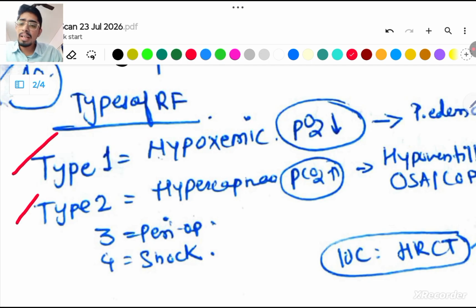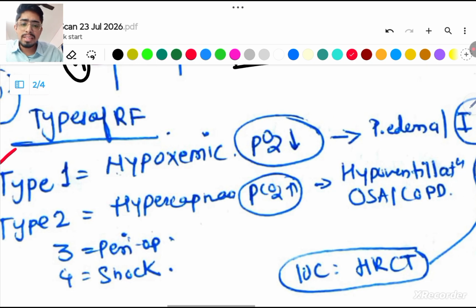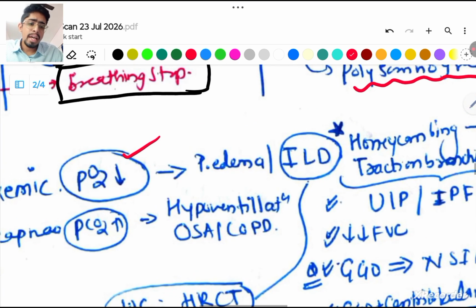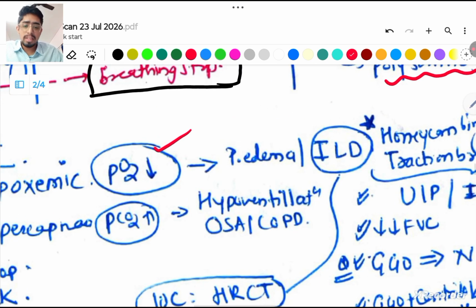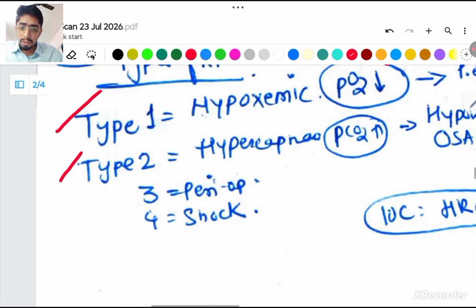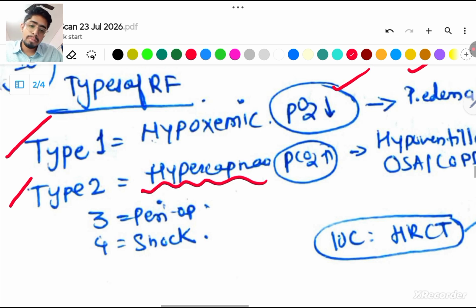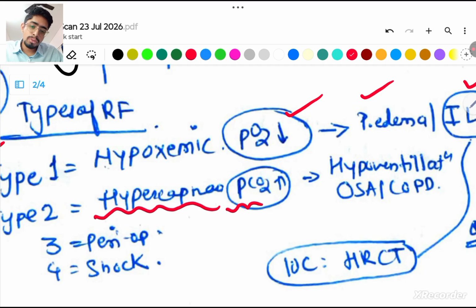Type 1 is basically the hypoxemic type of respiratory failure, in which there is a decrease in the PO2, and it leads to pulmonary edema or ILD. For type 2 respiratory failure, we look at the CO2 level, because it happens due to hypercapnia, an increase in the PCO2 levels.